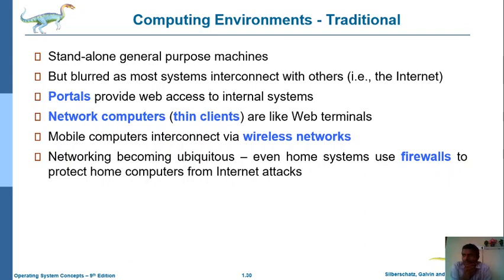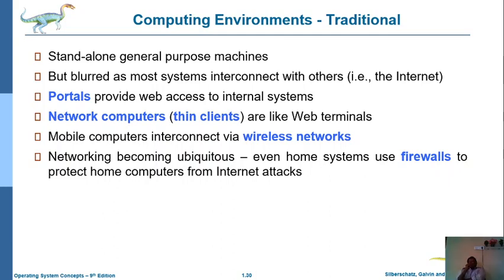But whenever we use all these devices in networks, the major complexity is security. Whatever data we share through the network must be safe. For that purpose we use firewalls.